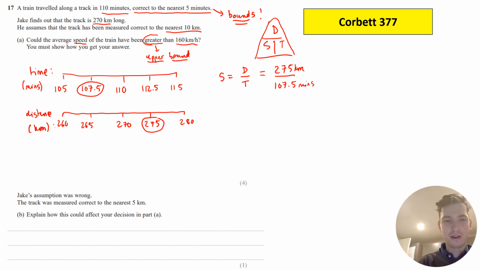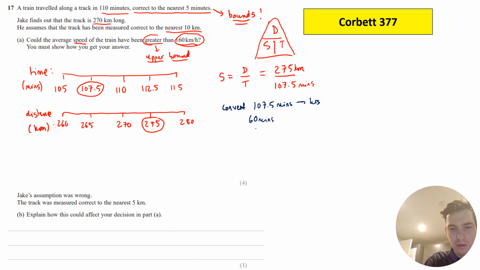But hang on a second, because my average speed is in kilometers per hour, and that's a problem because the time that I've got is in minutes. So what I think I'm going to have to do is convert 107.5 minutes into hours. Okay, so to do this, let's break down 107.5 minutes. I know that there's 60 minutes in an hour. So this is 60 minutes, which is 1 hour, plus how many minutes left?